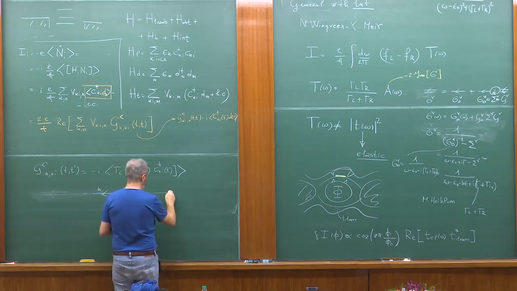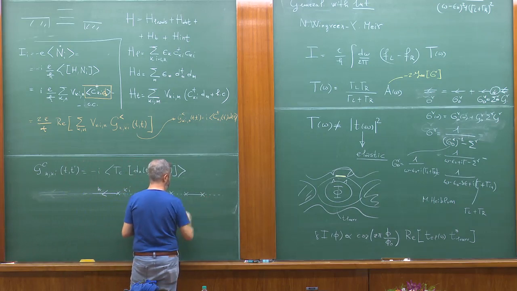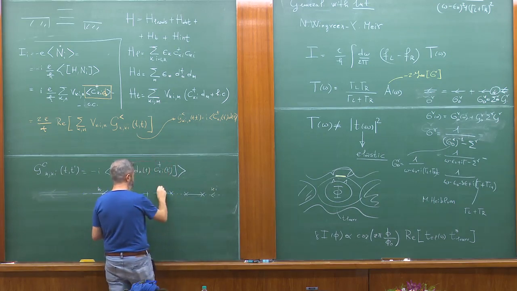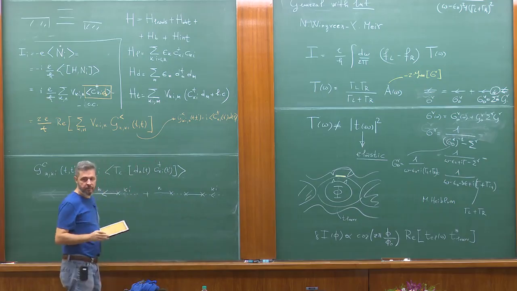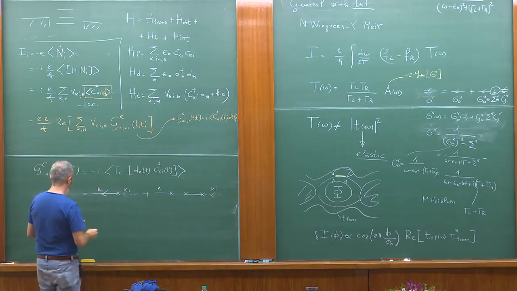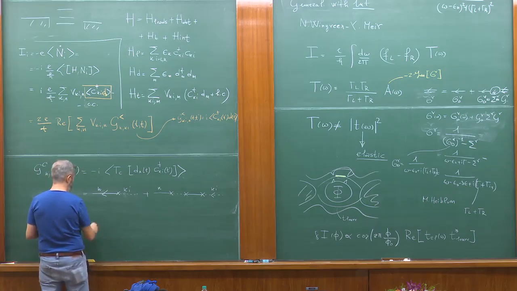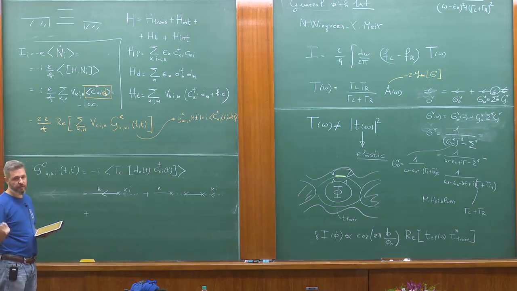Then, of course, you will have others that are similar, like this one. The important thing is that ki is sitting here and n is sitting here, and what is sitting in the middle, I don't care. So I will have a lot of diagrams like this. But then I will also have diagrams in which I have the interaction. Let me represent it as electron-electron interaction for simplicity.